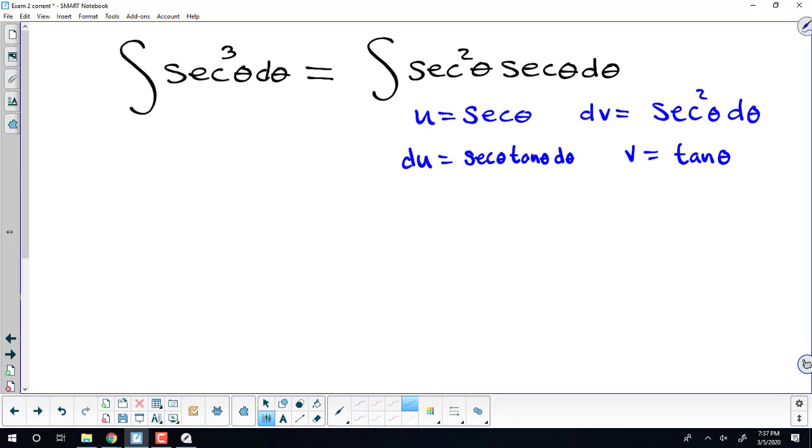We have already used u for our u substitution, so I'm just going to call this u bar and v bar, just for technicalities. And then we have that the integral is u times v minus the integral of v du.